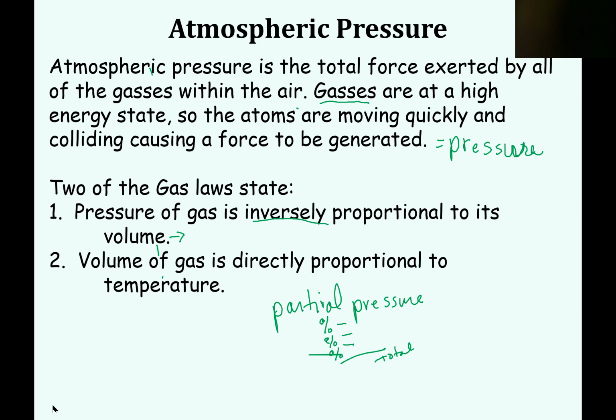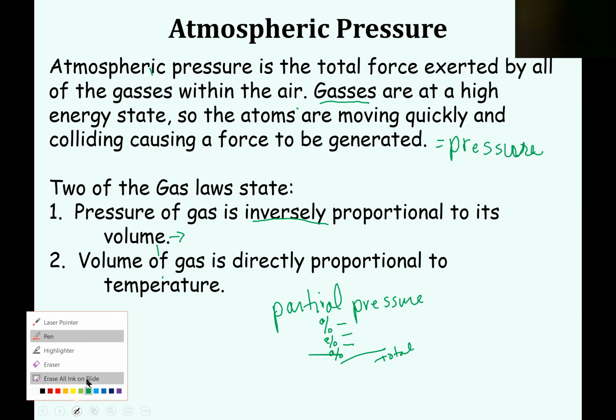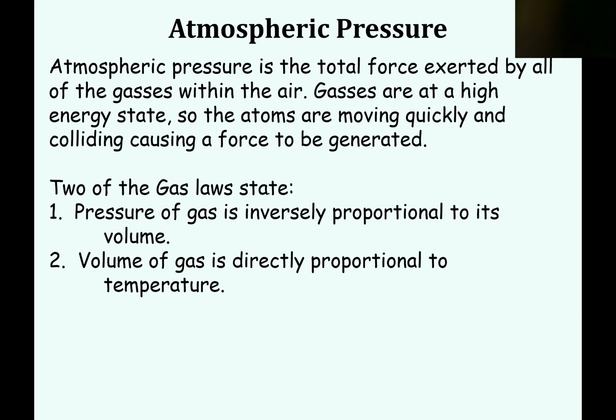The volume of a gas is directly proportional to its temperature. So the hotter the gas, the higher temperature is going to increase the volume. Lower pressure, less volume. You see that in the tires of your car.